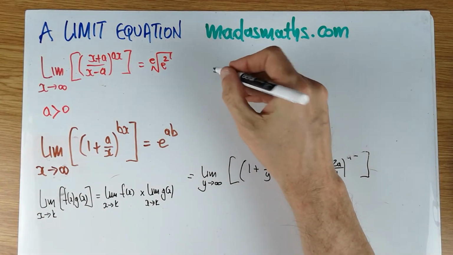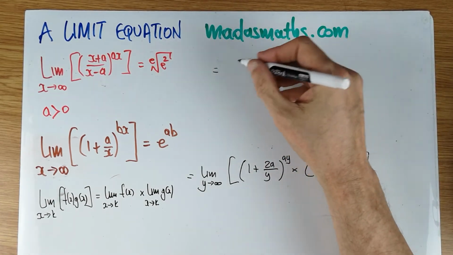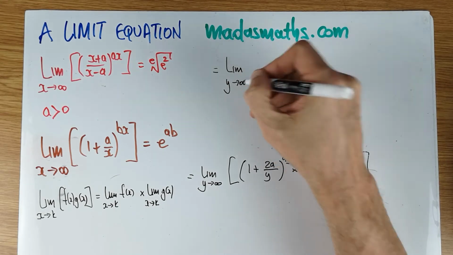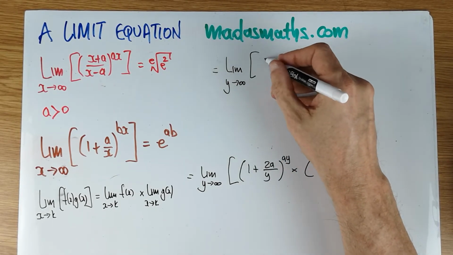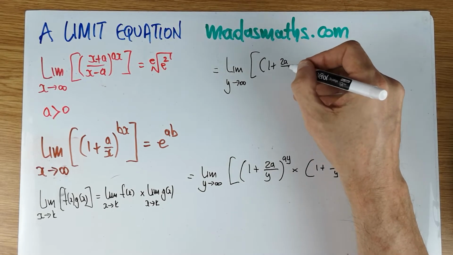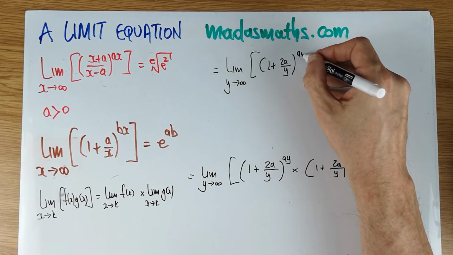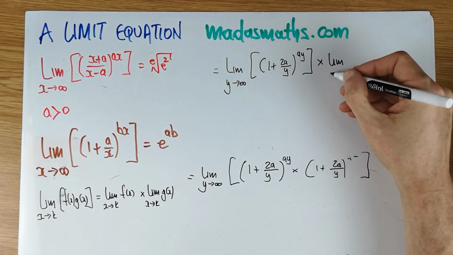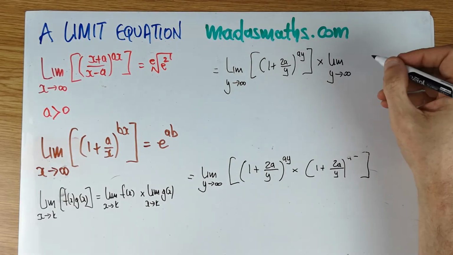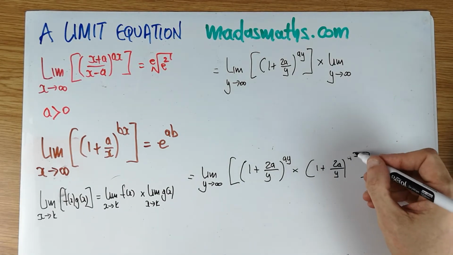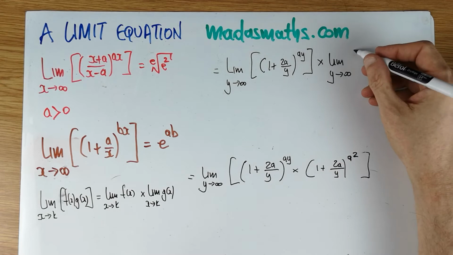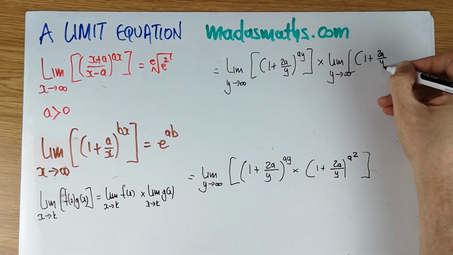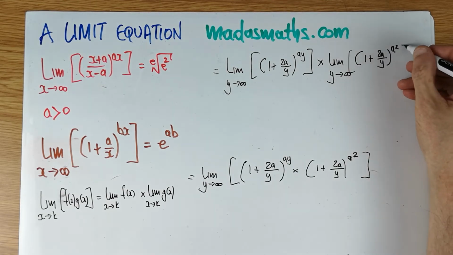So that is equal to, now we split this limit. Limit as y goes to infinity, first of all, of 1 plus 2a over y to the a over y, times the limit as y tends to infinity of, and what was there? That was a squared, wasn't it? 1 plus 2a over y to the a squared.